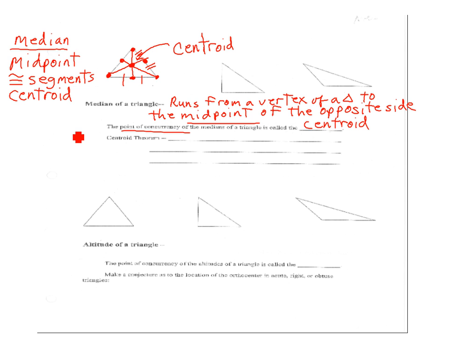So it's saying the centroid is 2/3 of the distance from the vertex to the opposite side.